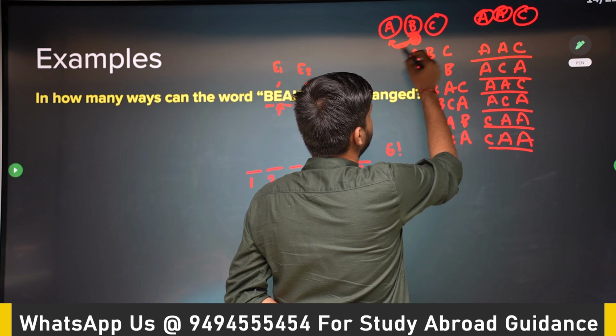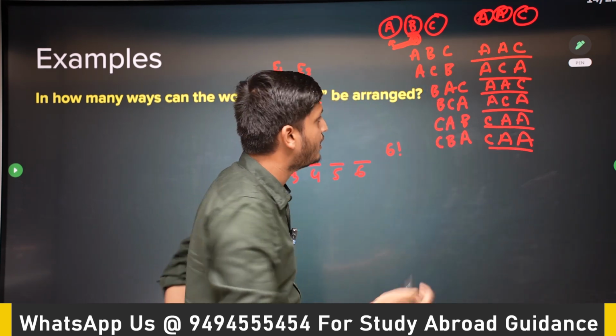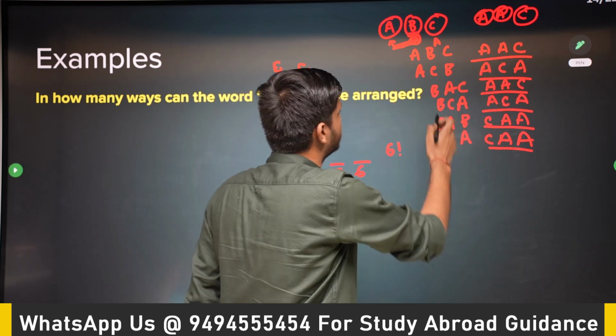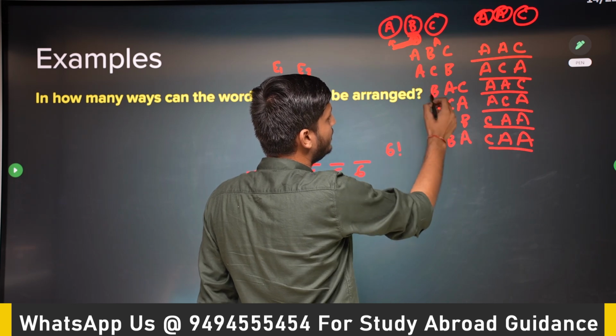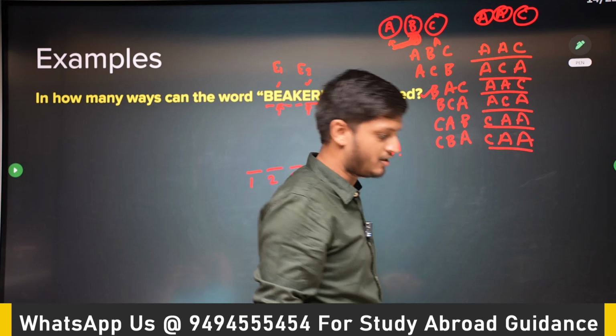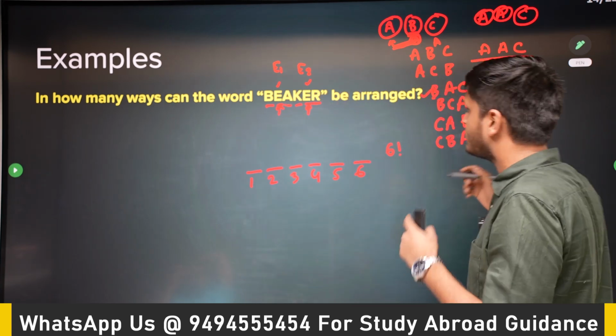Since A and B were same, every permutation was counted twice. Why? Because every B was A only. So when you swap B and A, that will be a different permutation, but if you consider B and A same, that will be the same permutation. So you are actually counting every permutation twice. Why?